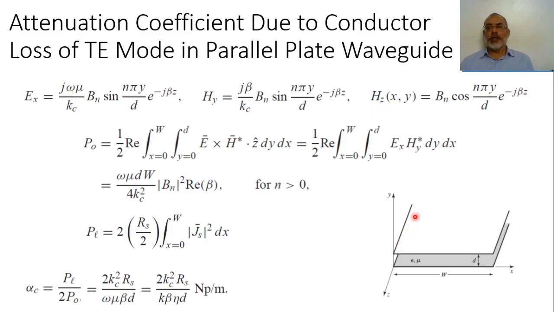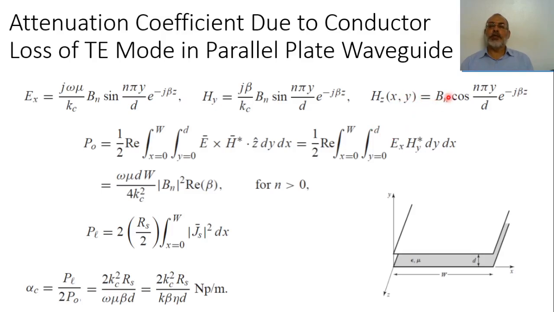The magnetic field in z would correspond to the surface current. Hy is normal to the plate, it is not tangential to the plate. So the current density on the plate is proportional to the tangential magnetic field on the plate. The tangential magnetic field on the plate is Hz.